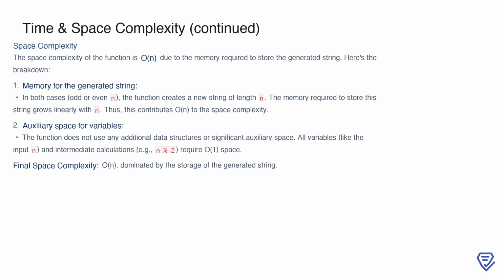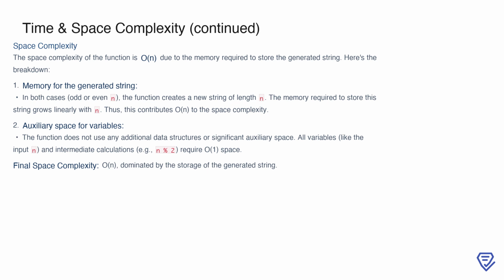As such, this operation contributes O(n) to the space complexity. Beyond that, the function does not rely on additional data structures or significant auxiliary space. The input variable n and intermediate calculations, such as n%2, require only constant space, O(1). Since there is no other memory-intensive operation, the overall space complexity is dominated by the storage of the generated string, making it O(n).